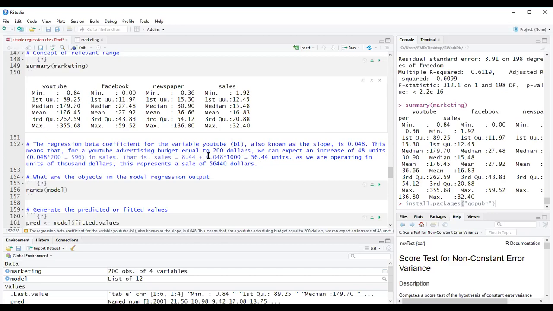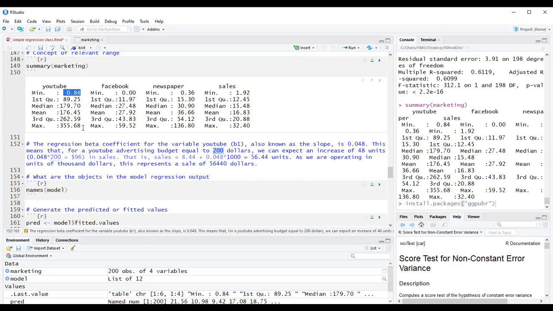Now, pwede natin gamitin yung $200 kay YouTube kasi it's within the relevant range. So, when we did our linear model, guys, yung YouTube natin ranges from 0.84 to 355.68. So kanina, I replaced the example kasi outside the relevant range yun eh.